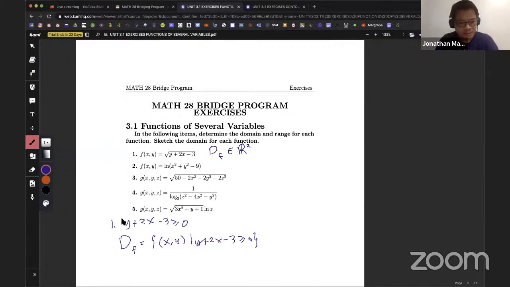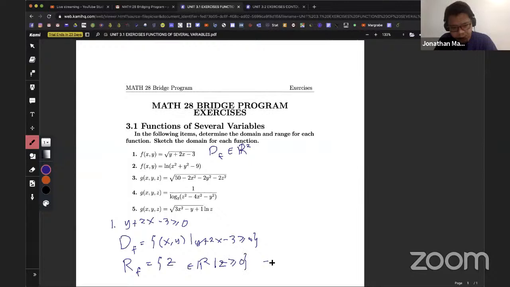So from that, we can now write the range of the function as the set of all z, element of the set of real numbers, such that z is greater than or equal to 0.